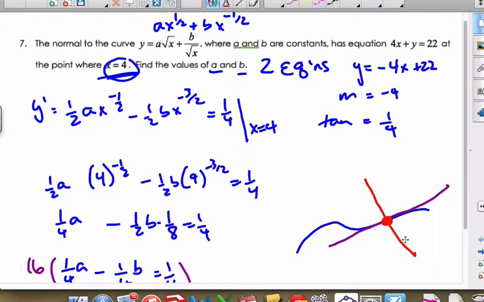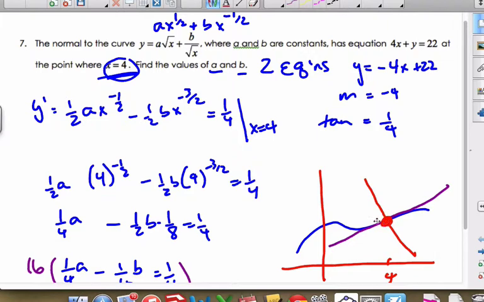At this point, my normal slope is negative 4, and that's when x is equal to positive 4. So x is equal to 4, and here's my axis. And the tangent slope is positive 1/4, that's here, at x equal to 4.